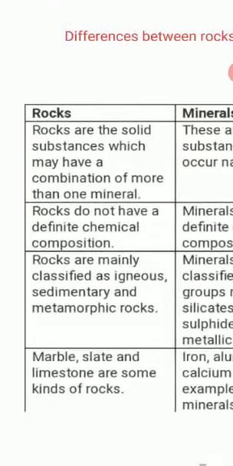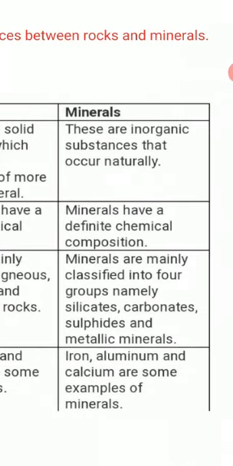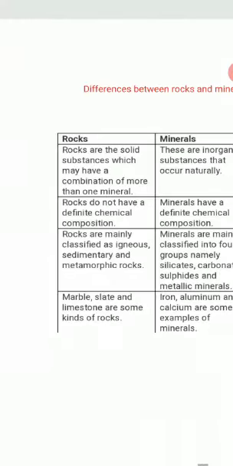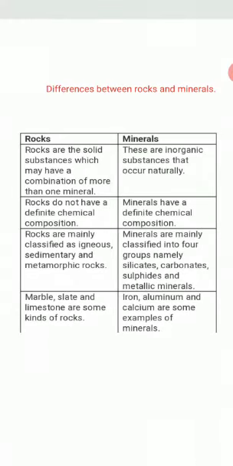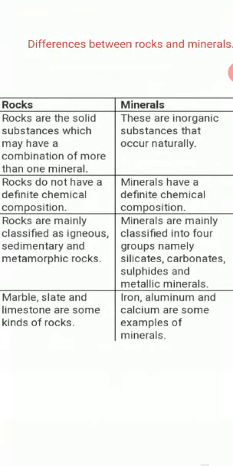Rocks are solid substances which have a combination of more than one mineral, and minerals are inorganic substances that occur naturally. If you go through each point, rocks do not have a definite chemical composition, while minerals have a definite chemical composition. So these are actually differences, right?